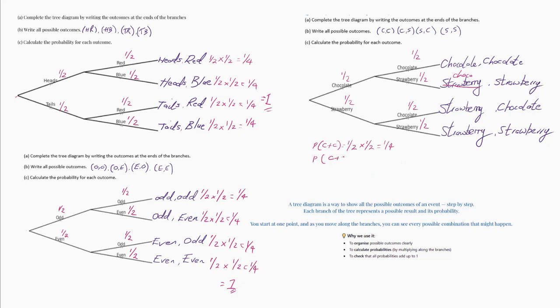Chocolate and strawberry equals a half times a half equals 1/4. And this is how you write it out properly actually. And then finally, they all equal 1.